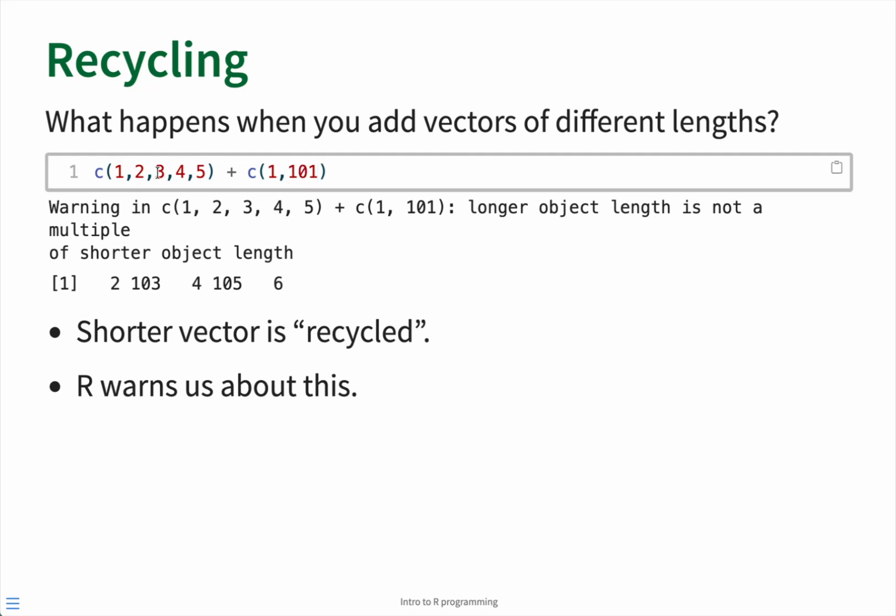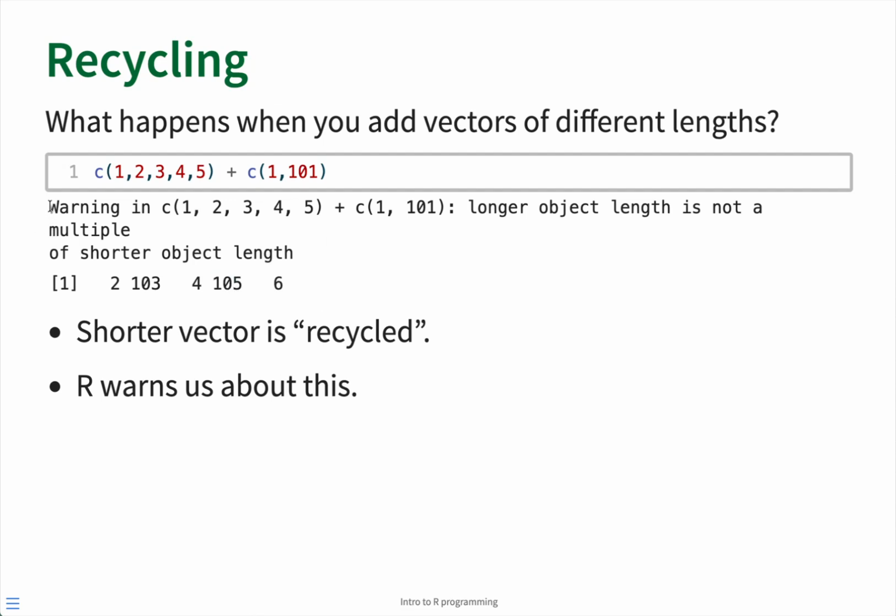We've started with the third item in this first vector, which was 3. But because the second vector was too short, we've just gone back to the start. We've recycled it all over again. So the first item here is 1, so we've added together 3 and 1 to give us 4. And then again, now we get to the second number in the second vector, which is 101. We're adding that to 4 to give 105.